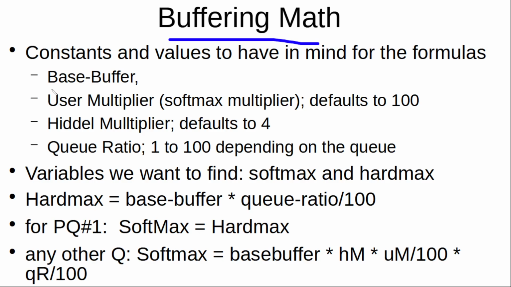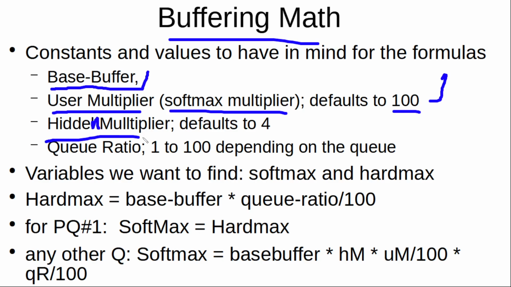There is something known as the base buffer, a value that is intrinsic to each hardware platform. Then you have the user multiplier that we already mentioned, which is known as the SOFTMAX multiplier. It defaults to 100, but you can increase it. There is the hidden multiplier that defaults to 4. And there is the Q ratio, a command that we already saw that applies to each Q.